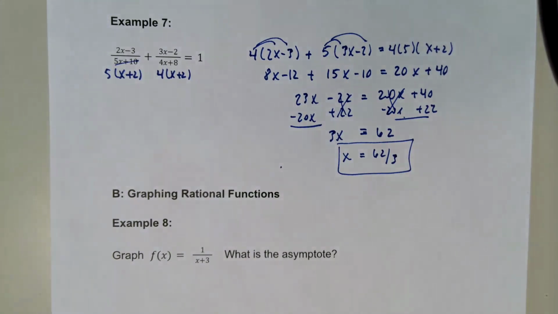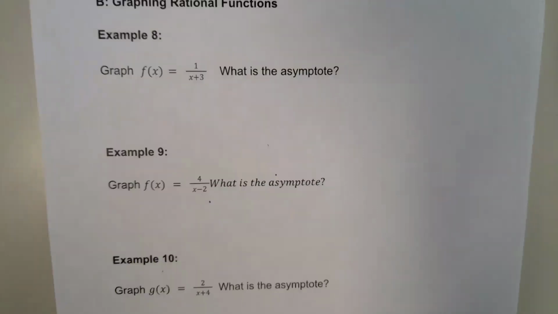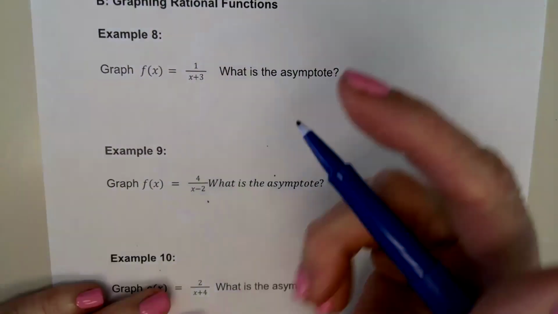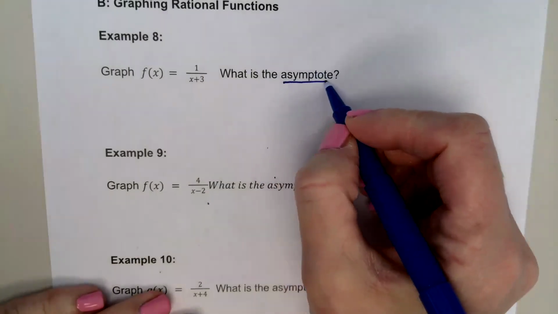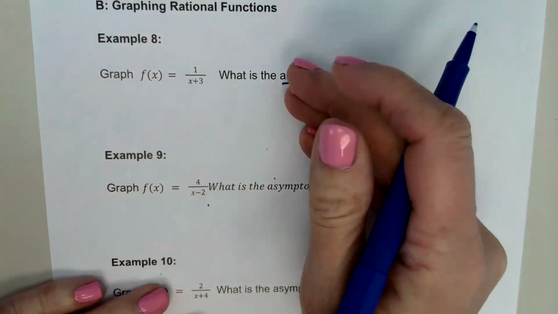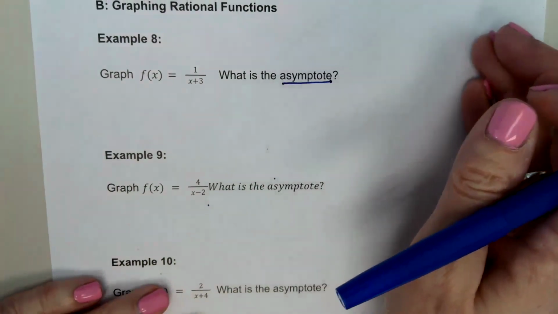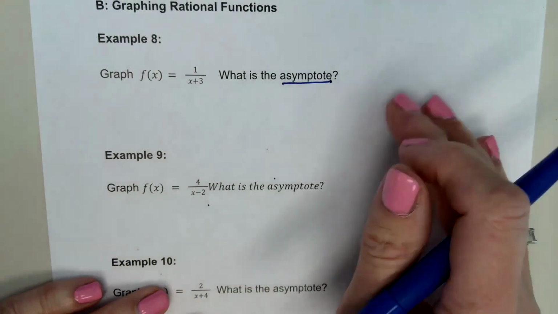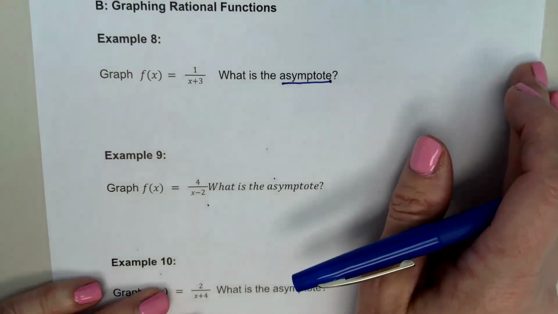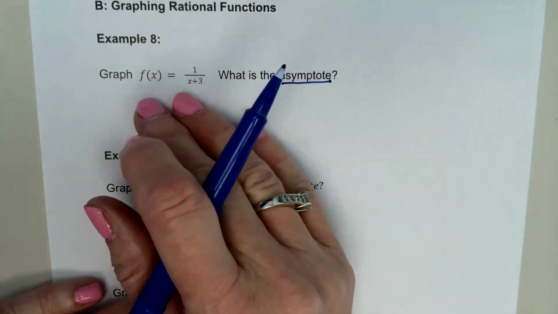So graphing rational functions, the main thing that I want to get home on a rational function is that there is a thing called an asymptote. An asymptote is when the y value gets really, really close to a number when you're hitting your extreme. So hitting the extreme when x gets really large or when x gets really small.